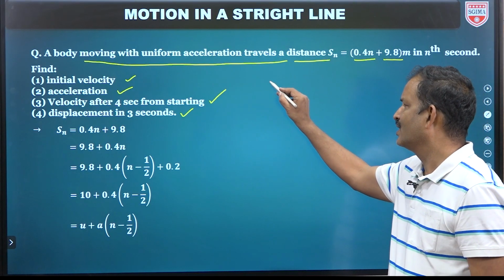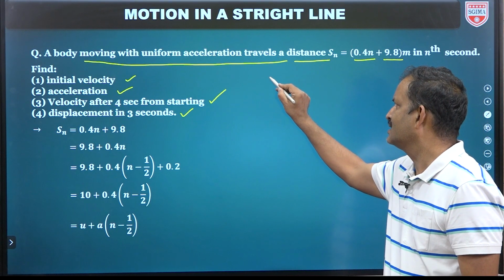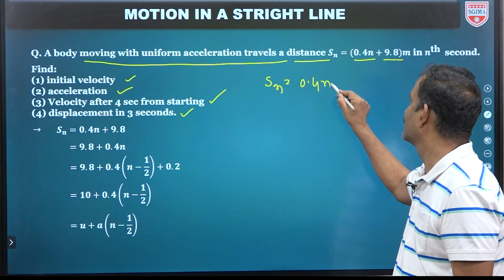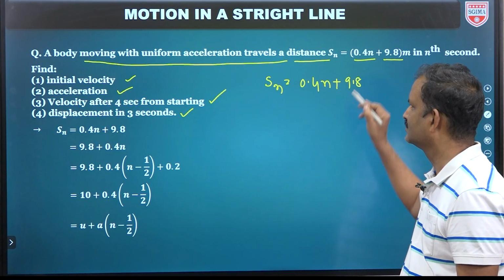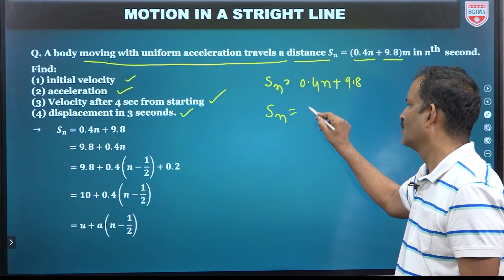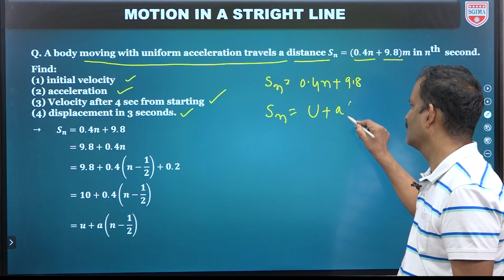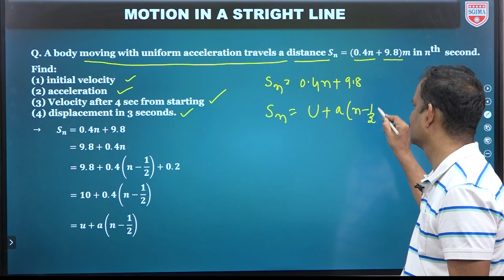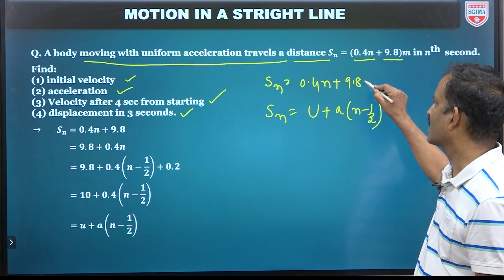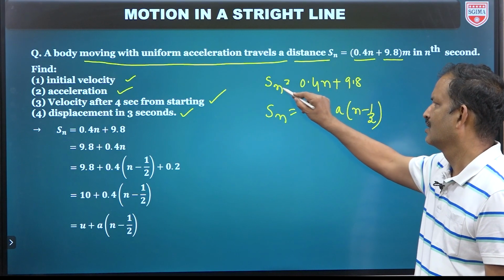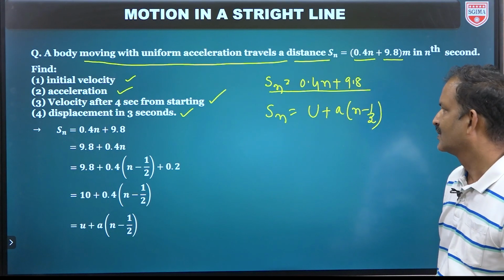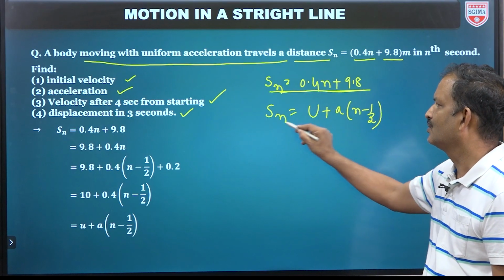For that, Sn is given as 0.4 n plus 9.8, but the actual formula is Sn equal to u plus a into (n minus half). So you have to convert this one into this form.